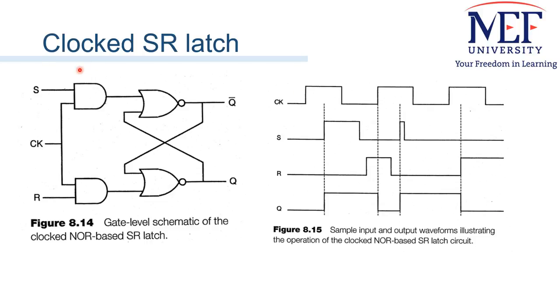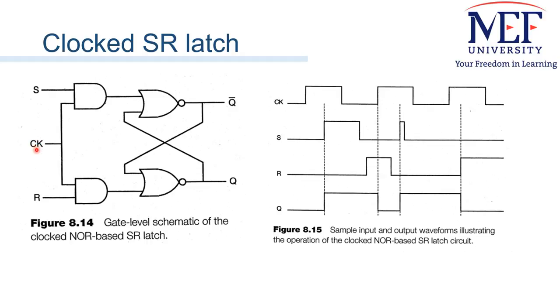Here you see a clocked SR latch. This part you have seen in the previous lecture was our original SR latch. Now we have a gated clock, so the S and R signals go towards our old SR latch via an AND gate.